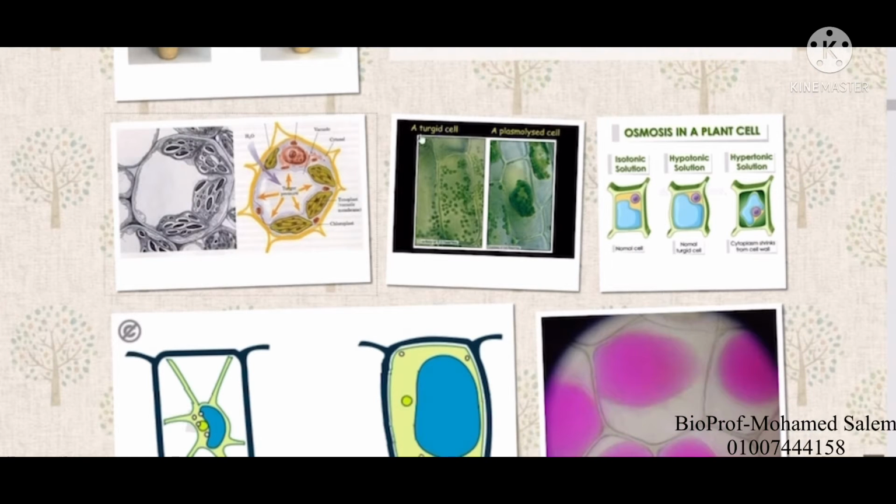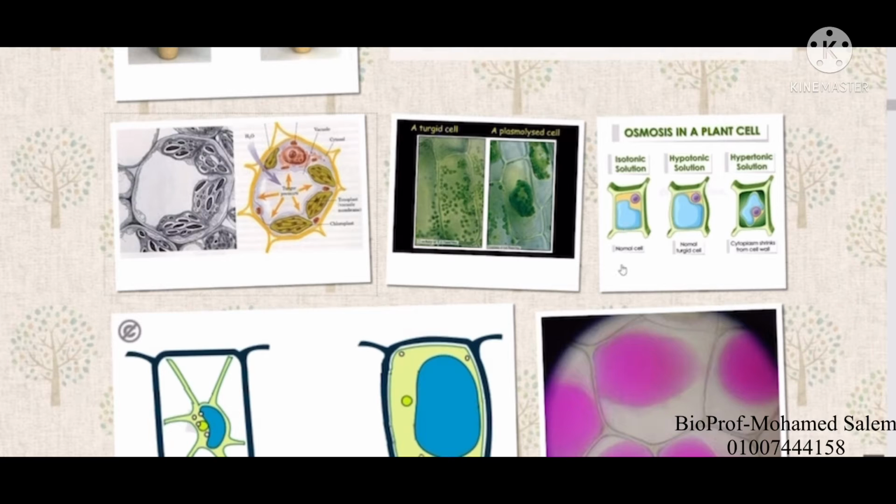And this is a turgid cell. You can observe that the cell is swollen. Here, this is another cell that loses water, so plasmolysed cell takes this shape.